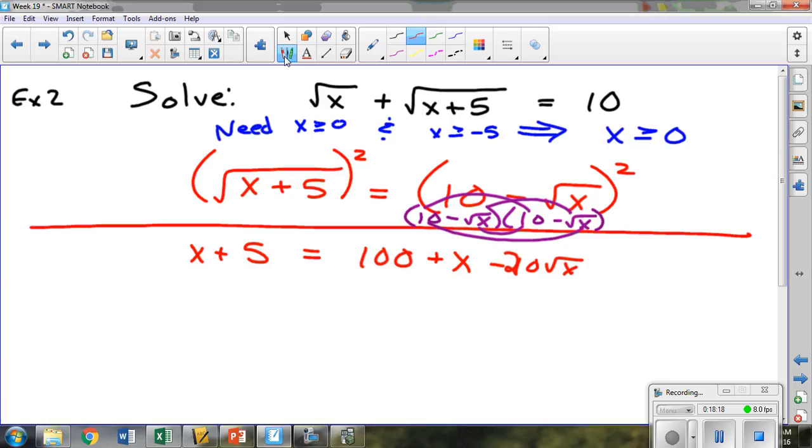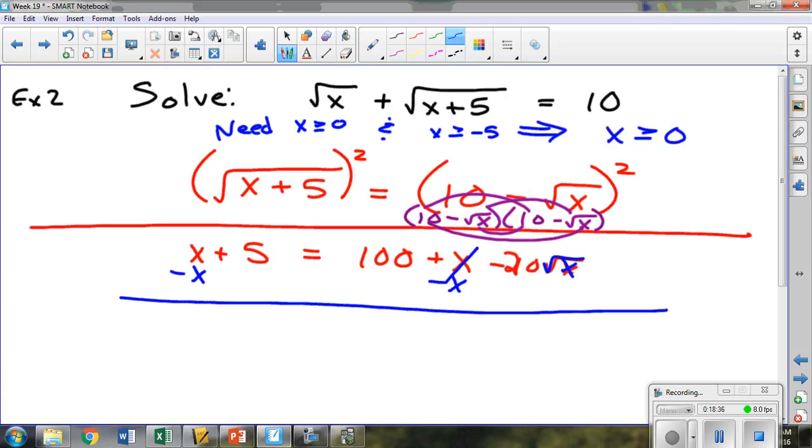So let's isolate this single square root, get it all by itself, and then we can do this squaring process again. So subtract an x over. Subtract 100. And that will give us negative 95 equals negative 20 times the square root of x.